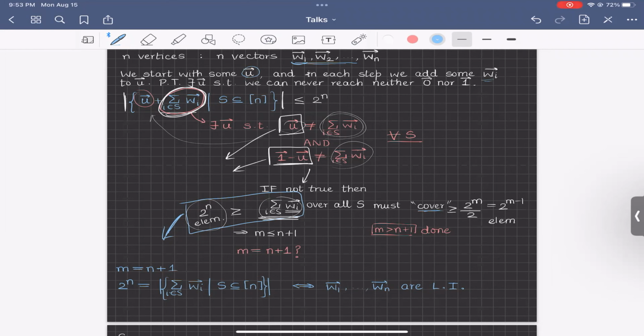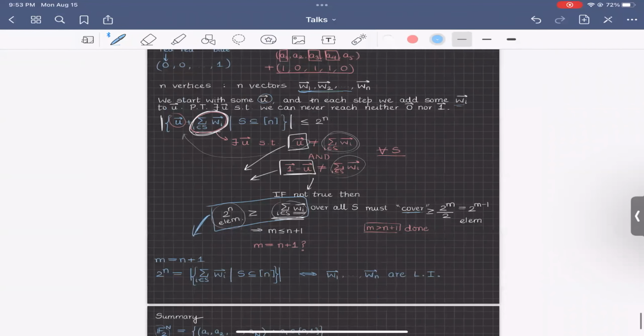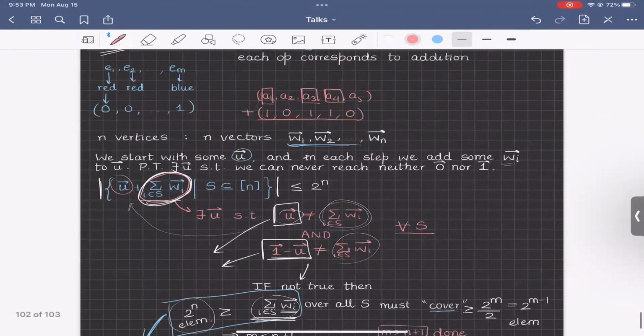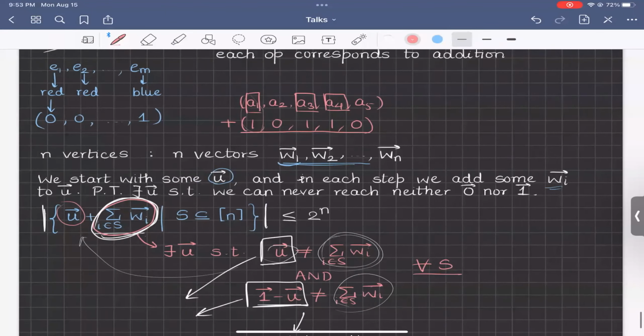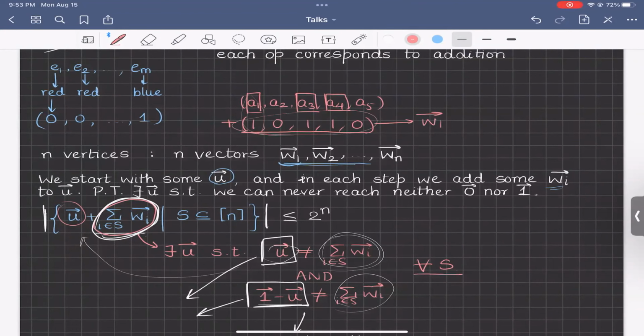For the sake of contradiction, assume that they are linearly independent. Then all these W1, W2, and Wn were defined to be 0 and 1, right? Wi is a vector. They're not zeros and ones. W1 itself is like a tuple. I'm just making sure it's clear.